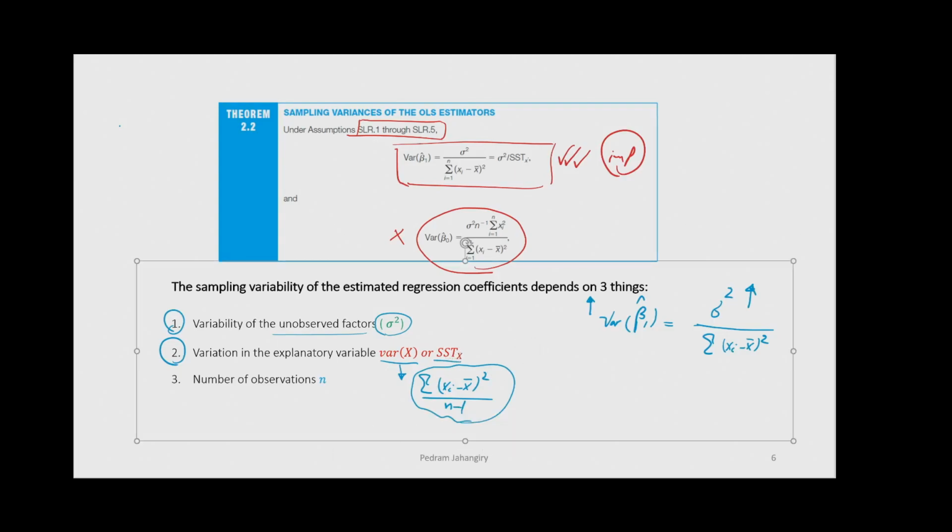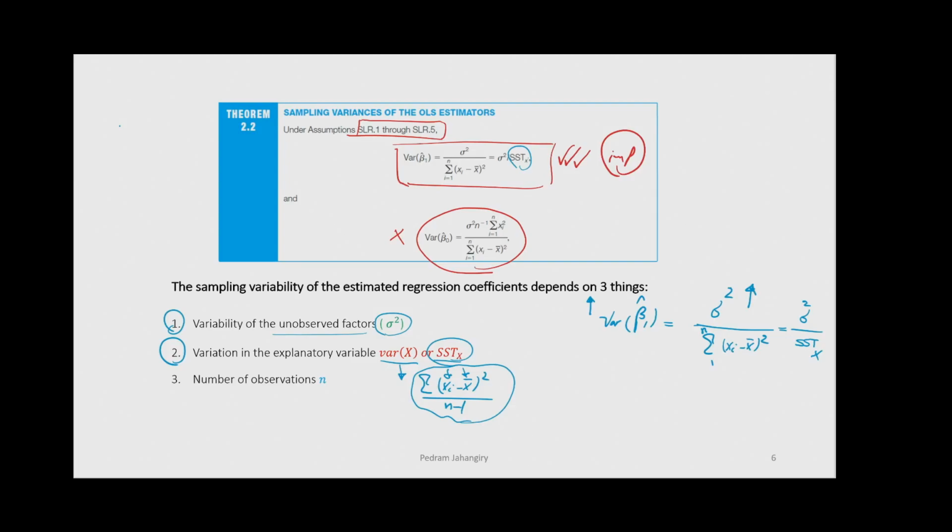So this SST is going to be in the denominator, and the sum goes from 1 to n. I can write it like sigma square divided by SSTX. Remember, what was SST? The sum of squares of total variation of a variable from its mean. So the sum of squares of total variation of x from its mean, right?